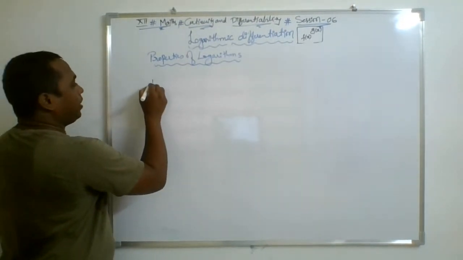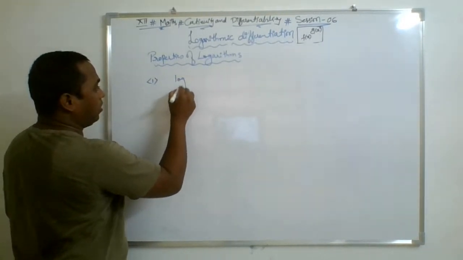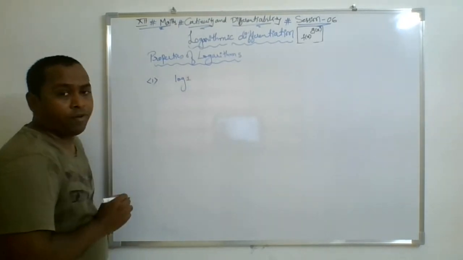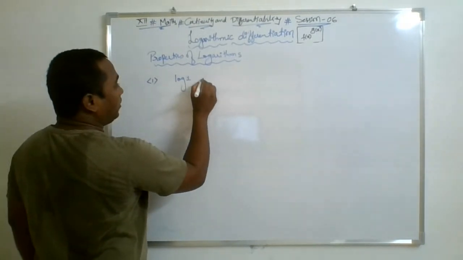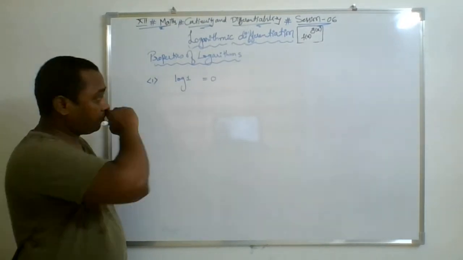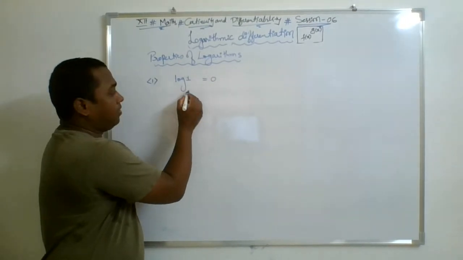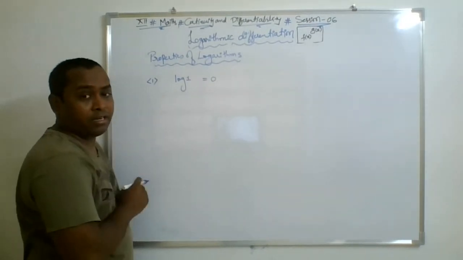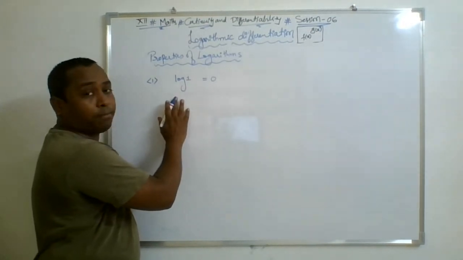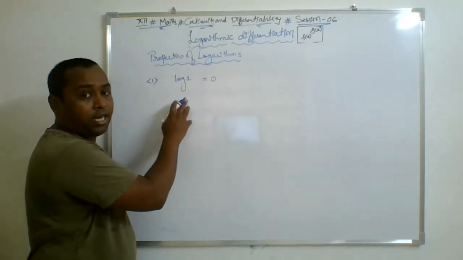The first property is the log 1 value. The log 1 value is 0. Sir, how could you say this? Simple as that. If you take any base, I can take the base as 10 or base as e. So if I am not writing any base here, it means that the base we are taking is e.